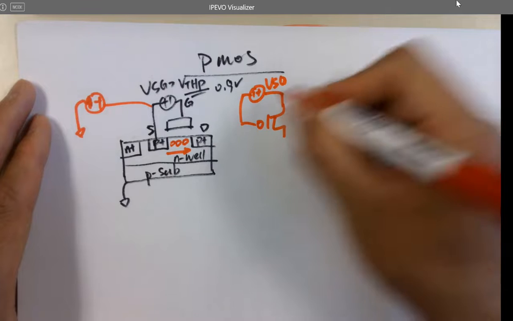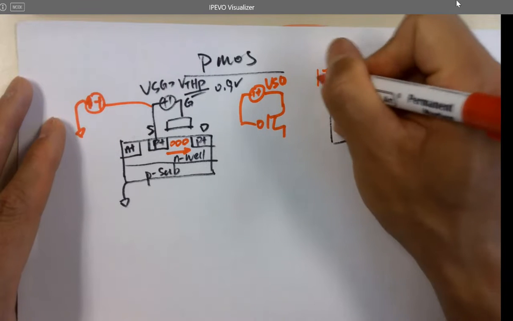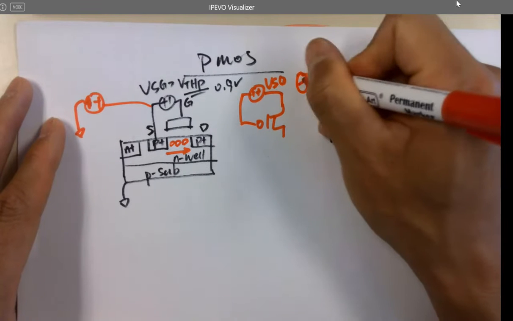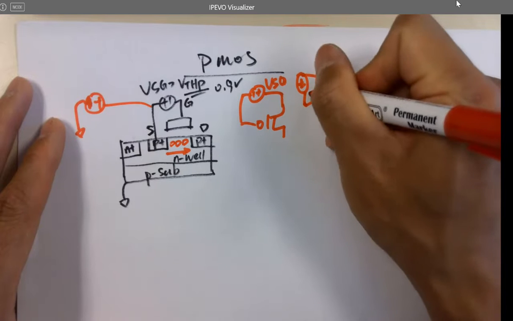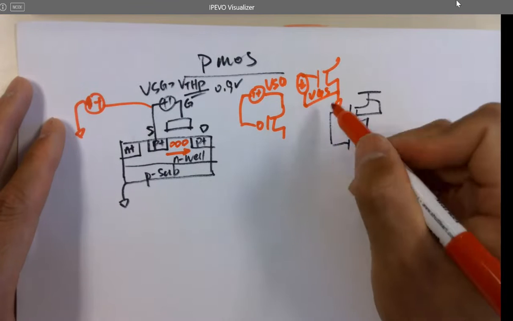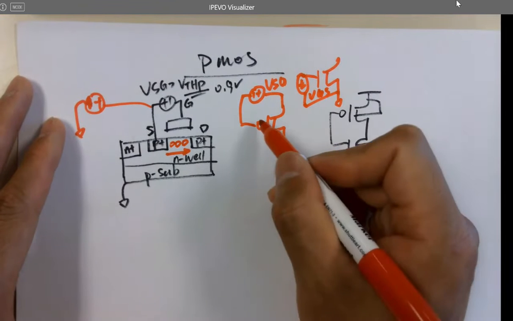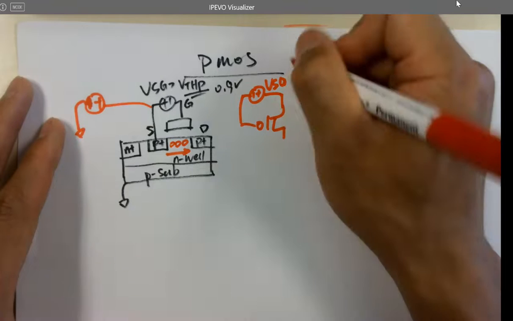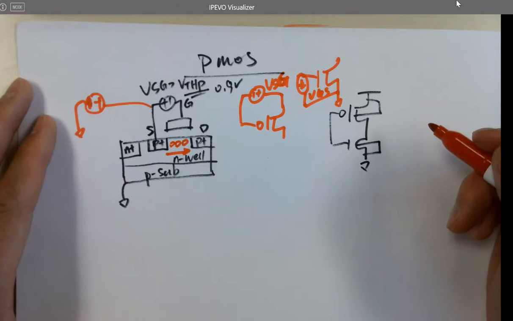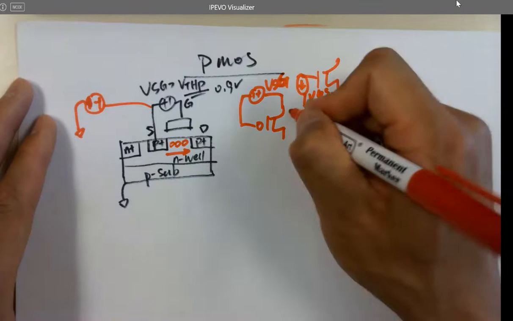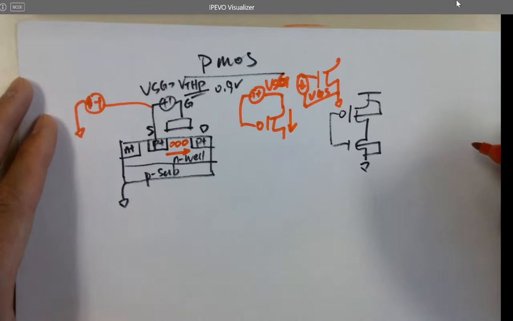Compared to NMOS, you are connecting a voltage here, ground. This is called VGS. So VGS must be greater than VTHN, and for PMOS, VSG must be greater than 0.9, which is VTHP, in order to get a current flow that way. That's how I turn it on. Just keep in mind.